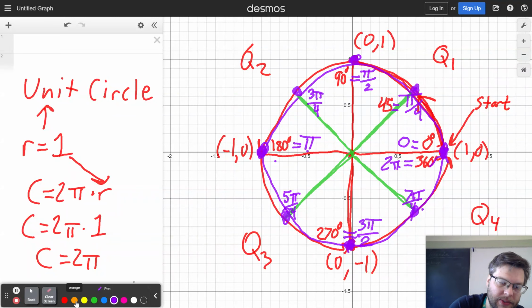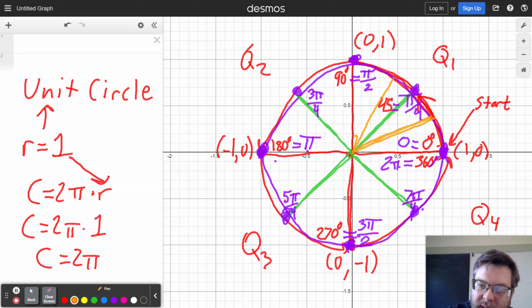The last part of the unit circle that you're going to see are the ones that are measured at a 30-degree angle and at a 60-degree angle, like this. And those are going to be similar triangles to each other. If you got a 30-degree angle versus a 60-degree angle, they're basically the same shape.